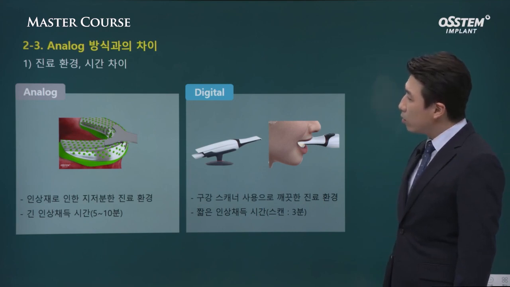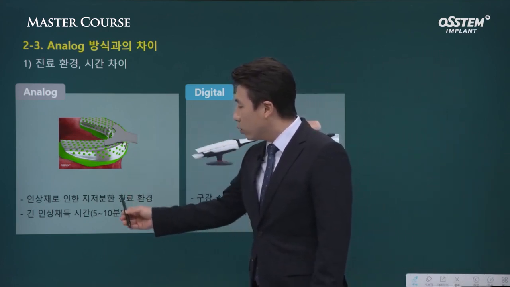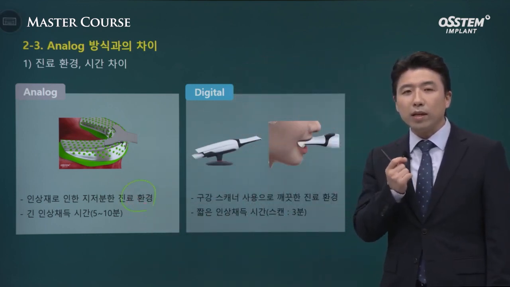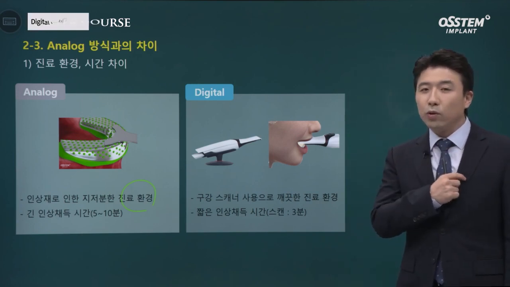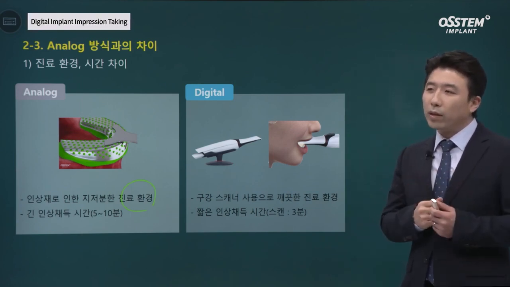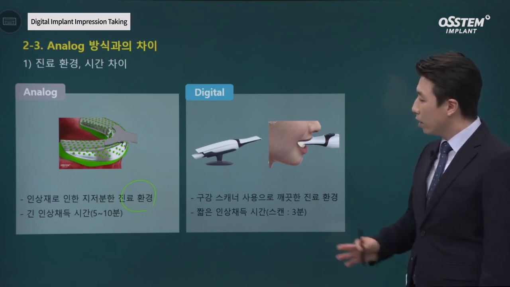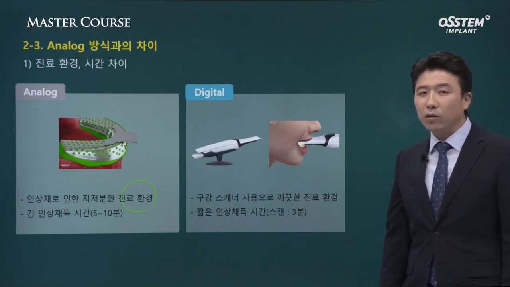Another pro and con compared to analog is cluttering the environment. When we take impressions and the gypsum model, materials are used, and the environment can be cluttered because of that. Using a scanner, everything can be performed in a clean way.